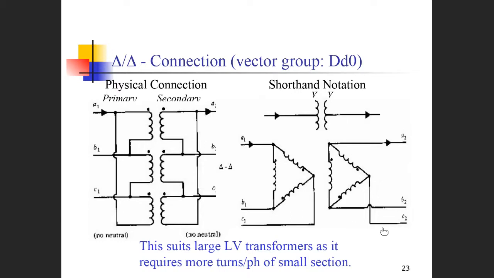That's what we draw here. Once again, the dots represent the same polarity between A1 and A2. A1 and A2 are in phase. So as a result, this is in phase with this, this in phase with this, and this in phase with this.